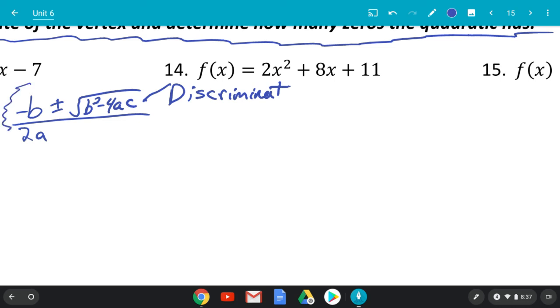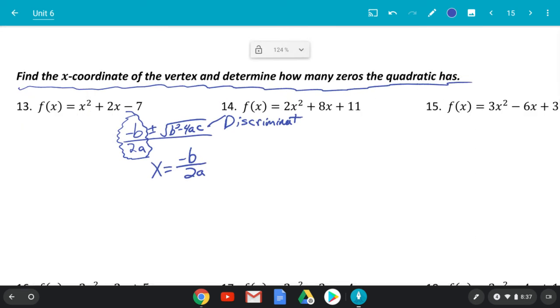But this part over here, we've already used. That is our x value of the vertex, negative b over 2a. We did that in the last chapter, right? So what this second page is asking us is not to use the quadratic formula to find a solution. It's just asking us to find stuff we've already done and then the discriminant.